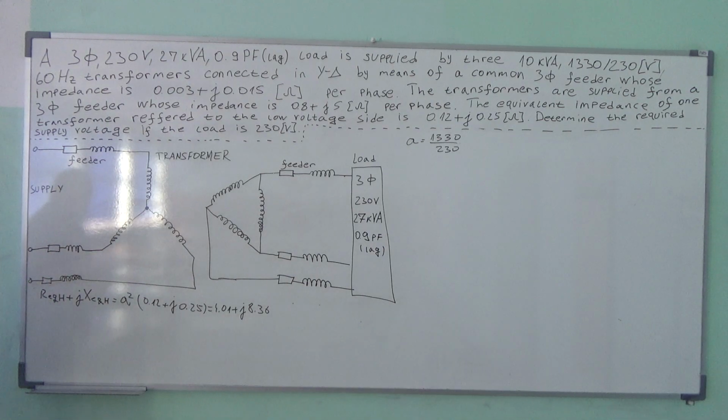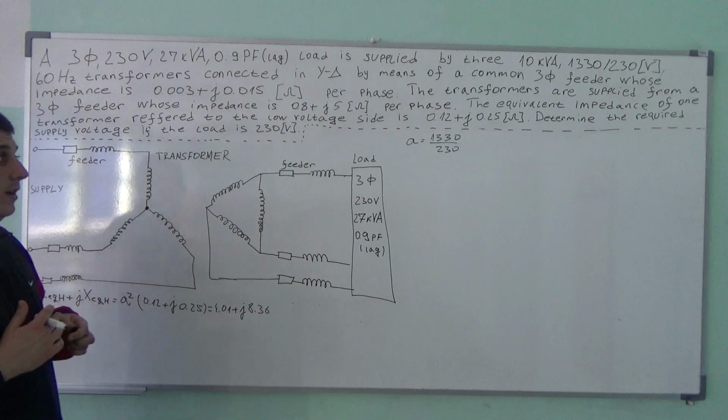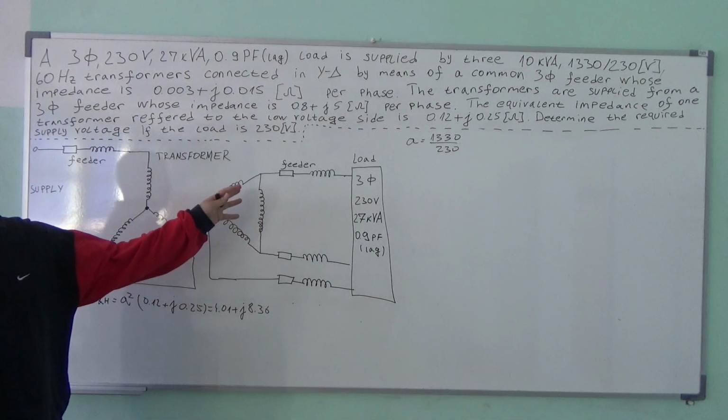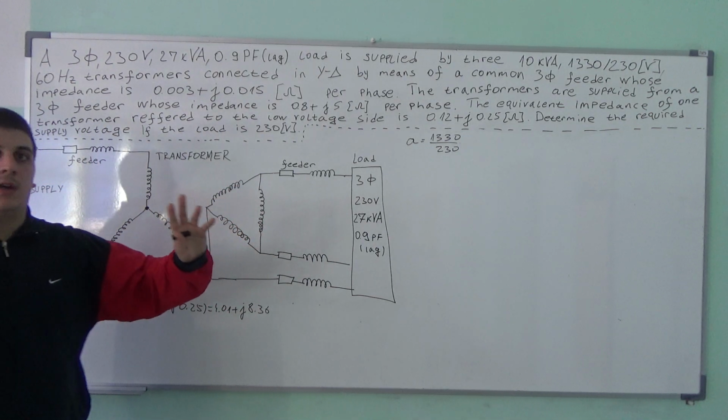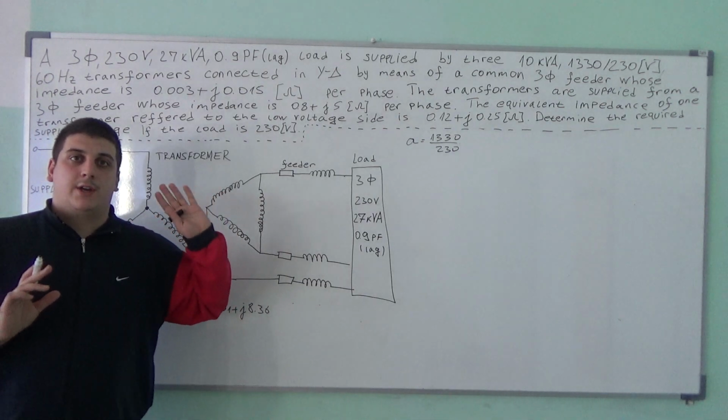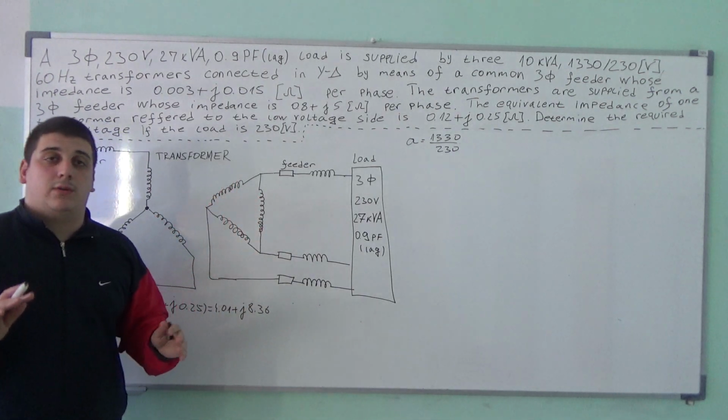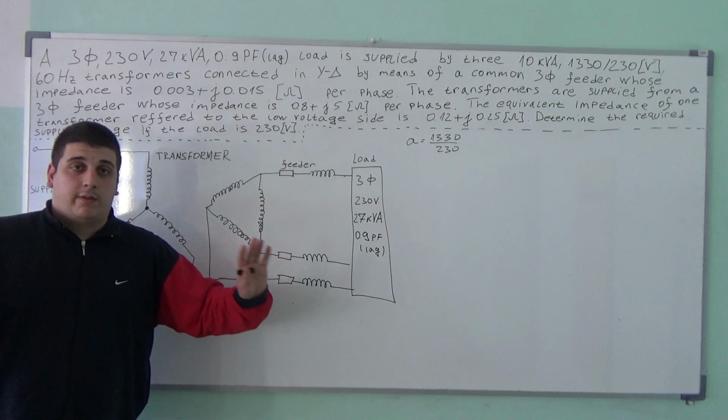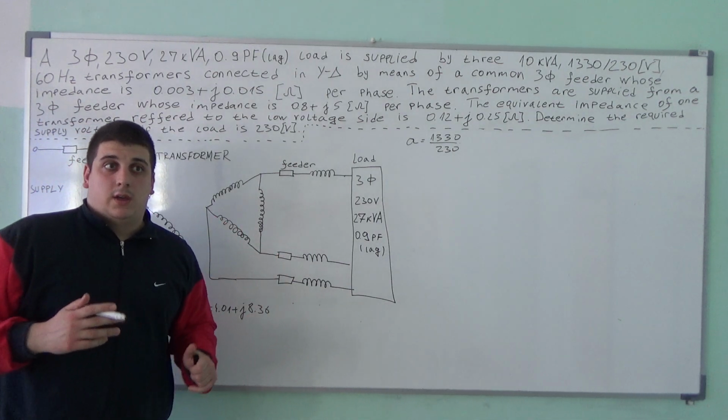I know it because I'm doing this the third time. Now the impedance from here, just follow me. I'm going to draw a circuit, so don't panic about this if you don't understand. It will all be clear in a minute.